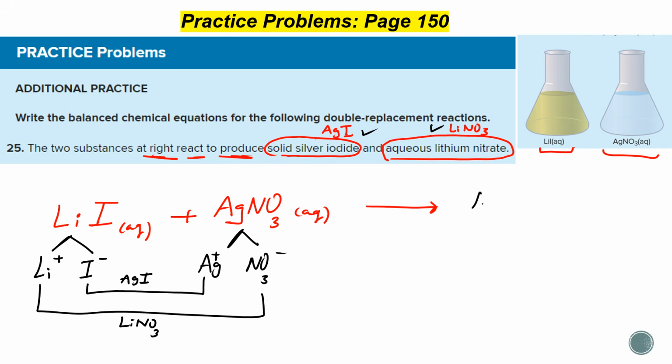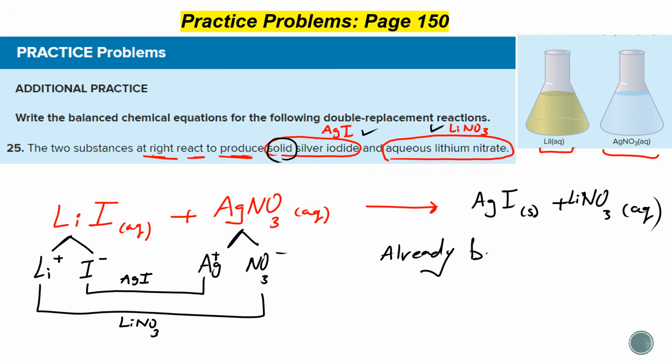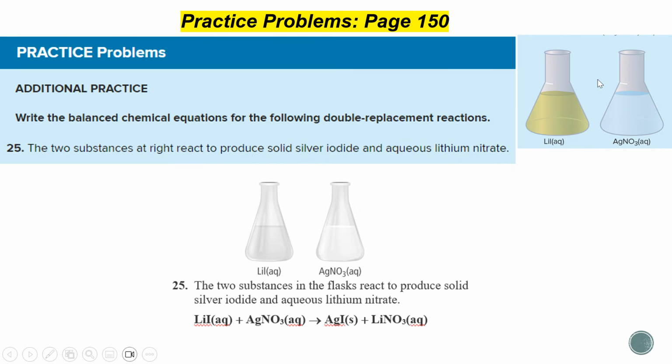So you put AgI, they told you solid, so (s), plus LiNO3(aq). Do we need to balance anything here? No. This is already balanced. Okay? So as you can see down here, this is the answer.